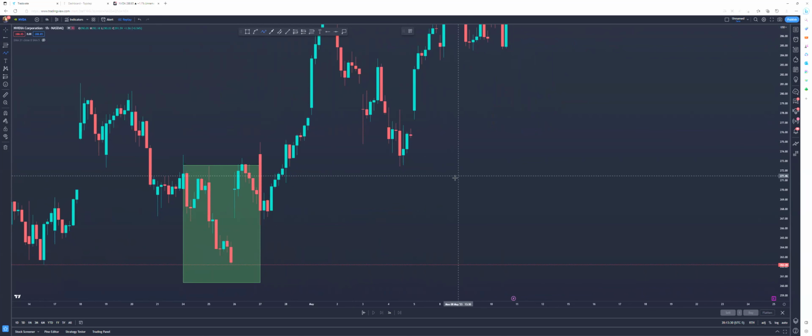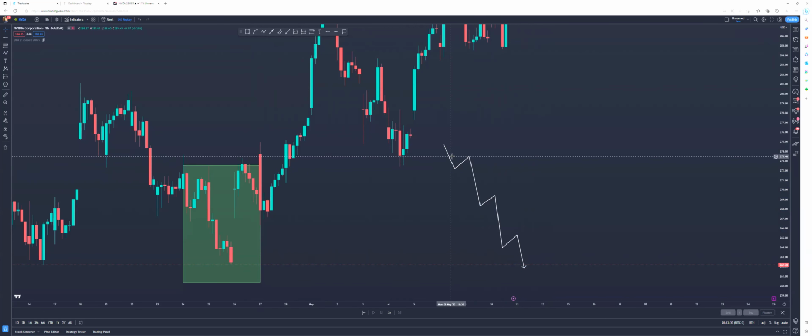So remember what I said about structure. If we're in a downtrend, and in order for the downtrend to be invalidated, what has to happen? A break of structure, right?